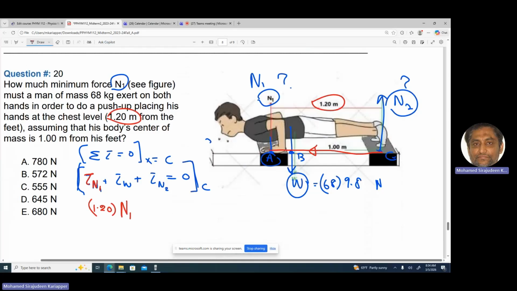C is here, right? N1 is here. I don't know why it is difficult. I mean, probably after some practice, you'll get it, hopefully. The tough point here is to get the point C, right?